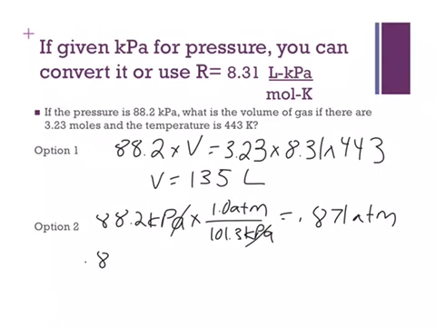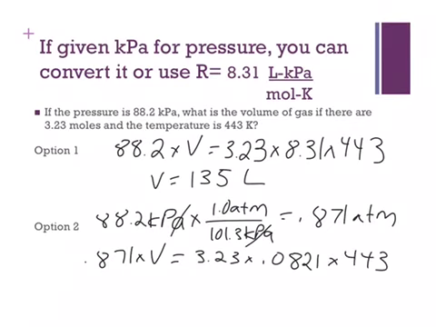So that's P, still don't know V. n is still the same. R, I'm going to go back to my original value, 0.0821. And then 443 is still the same. So I'm going to take 3.23 times 0.0821 times 443 and then divide it by 0.871. And here I get the exact same answer, 135 liters. So either way would work here.